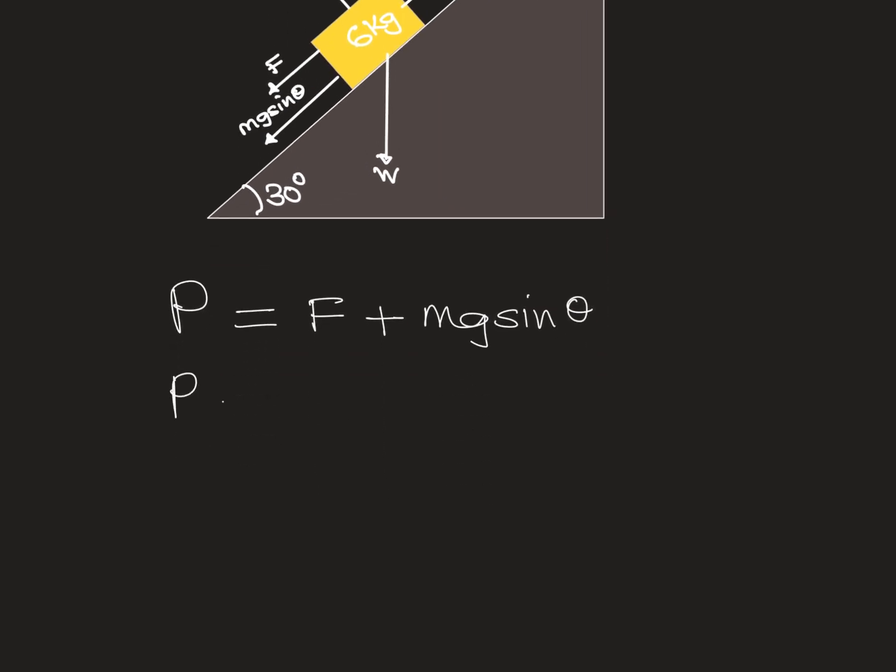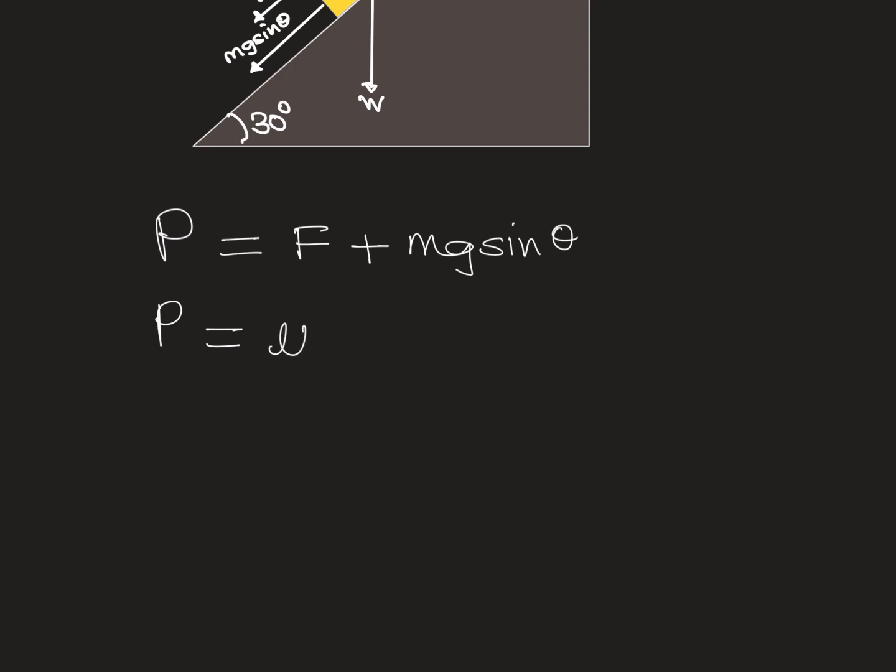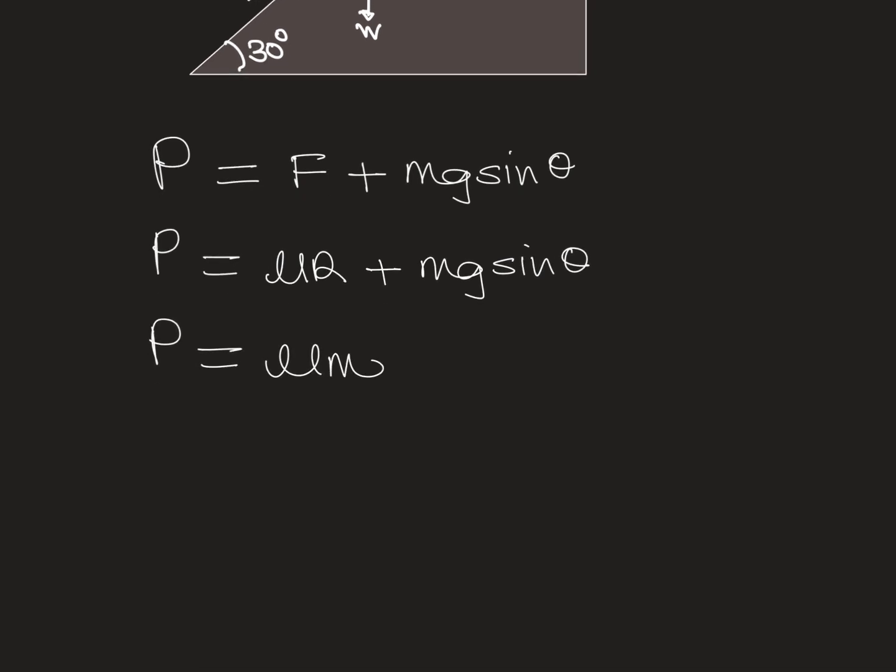So that will be P is equal to what? So what is F? F is mu R, plus then mg sine theta. So we're going to have P is equal to mu, what is R? R is mg cos theta, then plus mg sine theta.